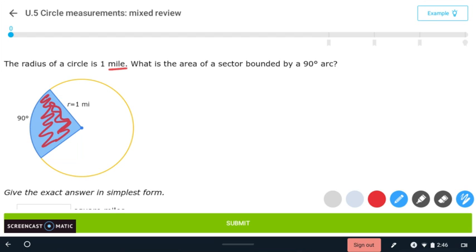When you're finding the area of a sector, it's connected to the area of a circle. The area of the entire circle is pi r squared. But if you take just a fraction of that circle, like we have here for the sector, it's going to be the degrees over 360 times that pi r squared.